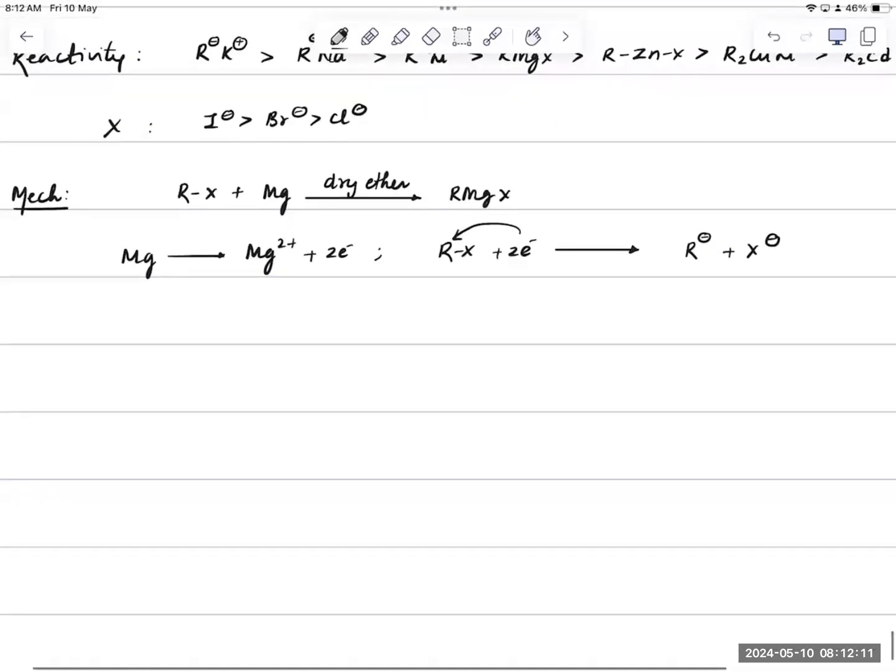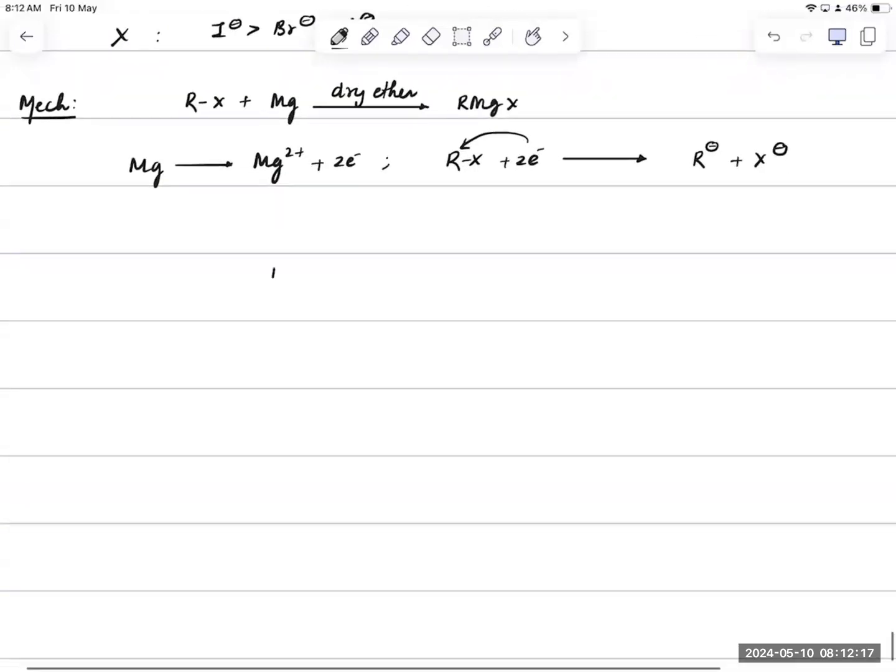Now you could imagine magnesium getting completely surrounded by this. So we will have something like Mg2 plus surrounded by solvent, with lone pair support from the solvent, and at the same time R delta minus support is observed. This is how magnesium gets surrounded.